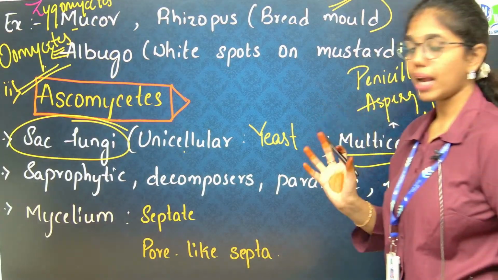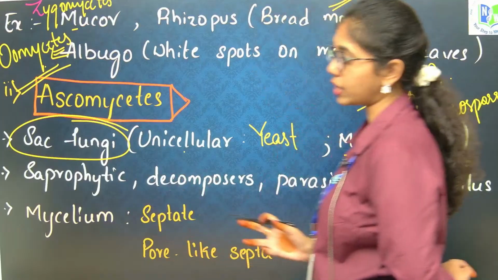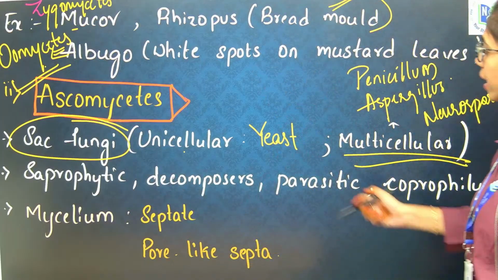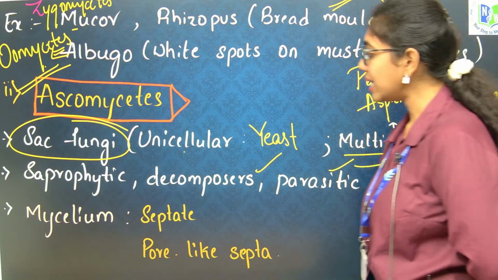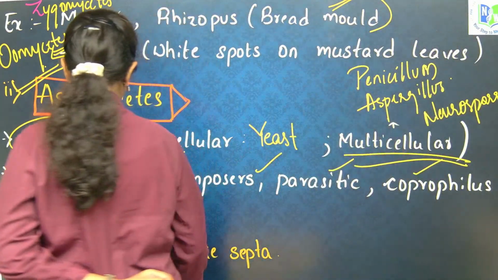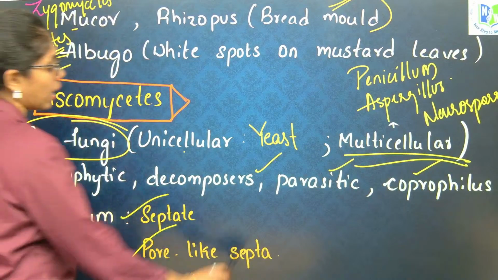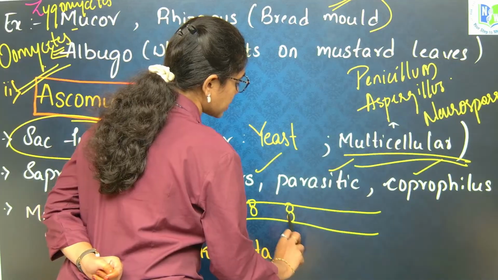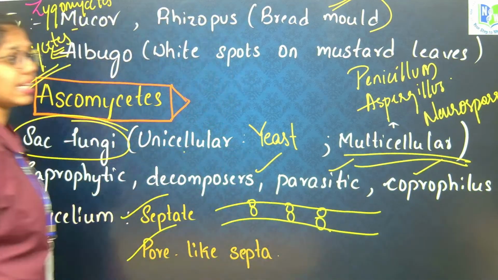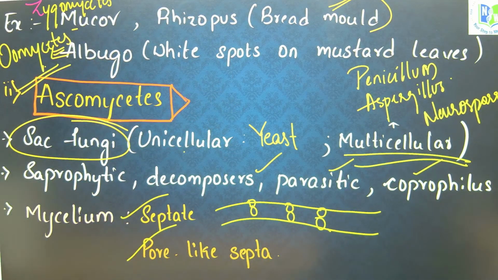How will you describe the habitat and habit of this Ascomycetes? They are saprophytic, decomposers, parasitic and coprophilous. Mycelium is septate and it has pore-like septa.